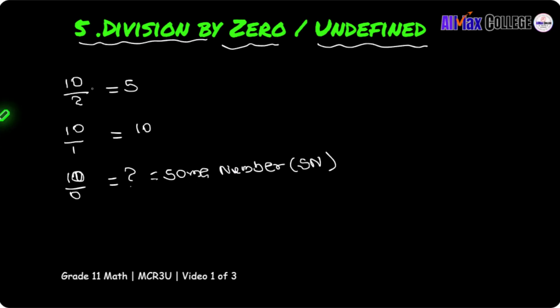If 10 divided by 2 is 5, that means 5 times 2 is 10.